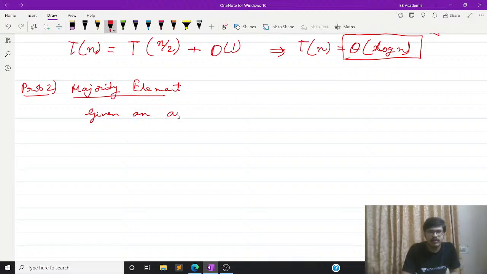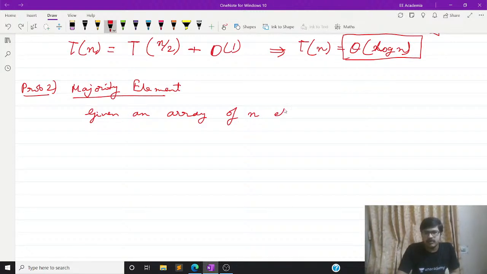We are given an array containing n elements.